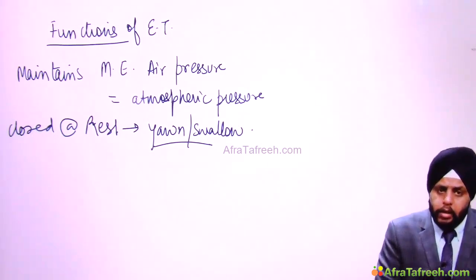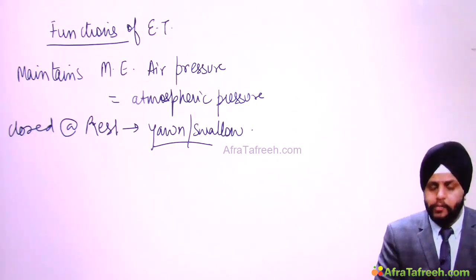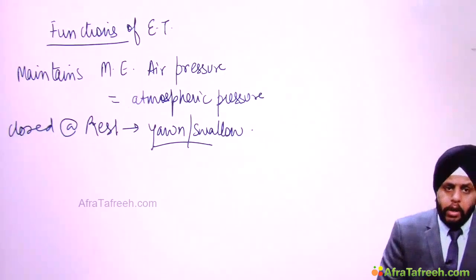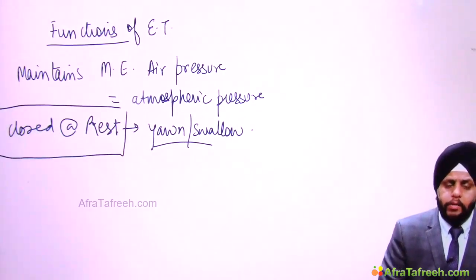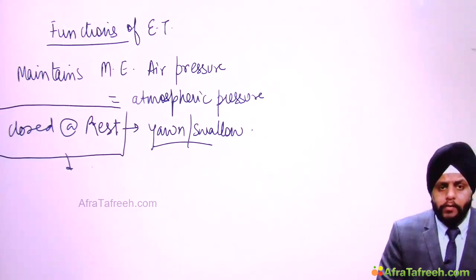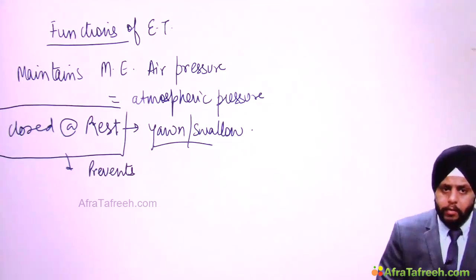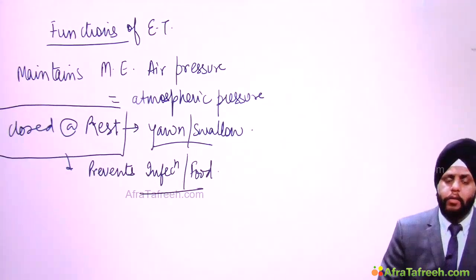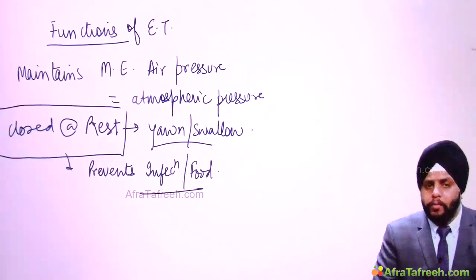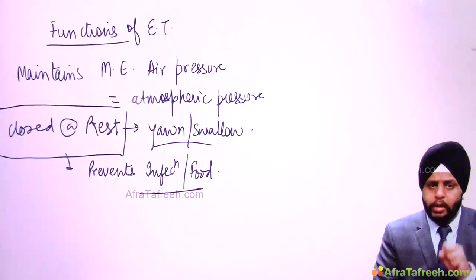So the air enters into the middle ear and the air pressure is restored. What is the advantage of being closed at rest? It prevents food, infection, or liquid from entering into the middle ear. So it is closed at rest.